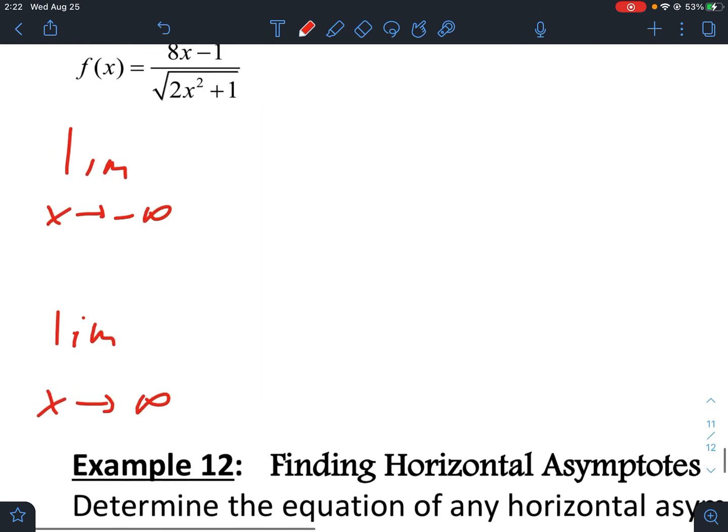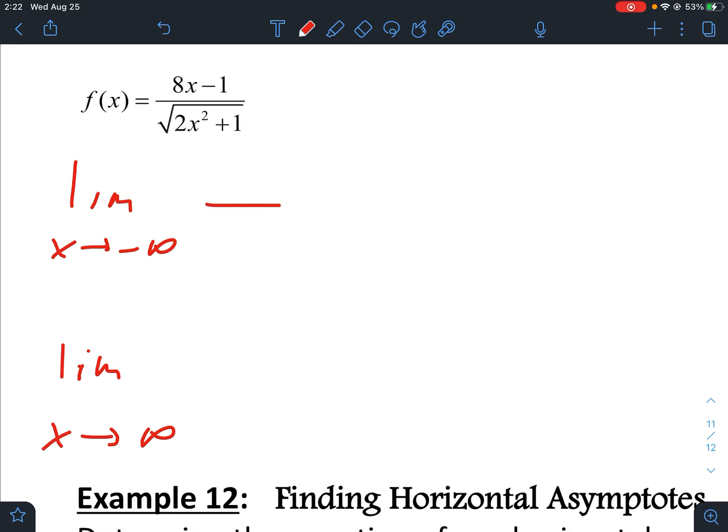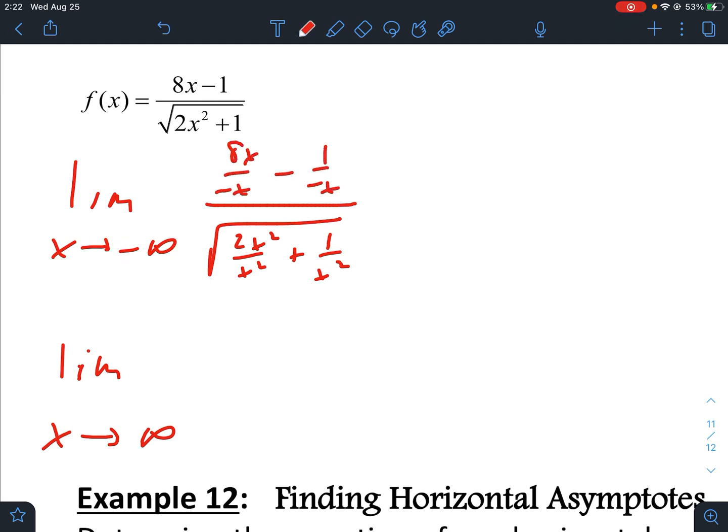All right, now what we're going to do is divide, in the denominator, by x squared inside the root. And the numerator, since this is negative infinity, we're going to divide by negative x. So it's going to be 8x over negative x minus 1 over negative x.